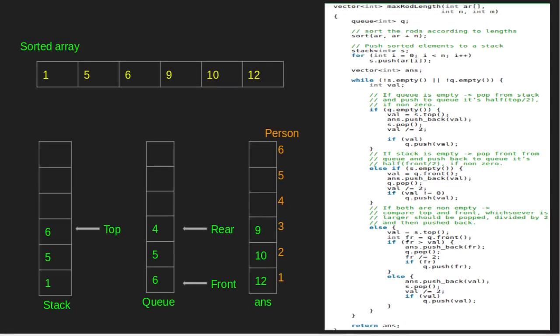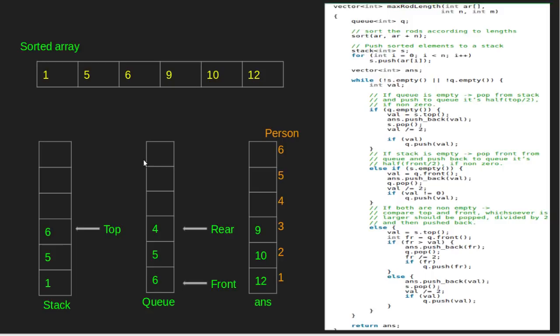Now, for the fourth iteration, both stack and queue are not empty. Thus, we'll compare the top and front elements. Here, 6 is not larger than 6. Thus, we'll pop 6 from the queue and push 6 by 2, that is 3, in the queue.